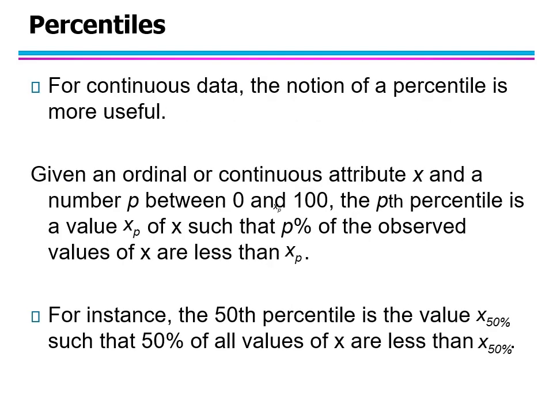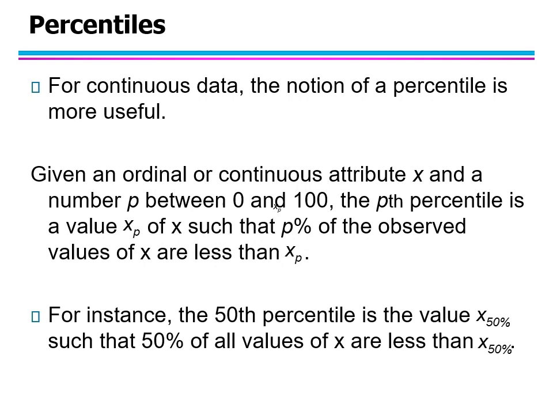So next is percentiles. What is a percentile? A percentile describes the relative standing of a value within a dataset. It helps you to understand where specific observations lie in relation to the rest of the data.